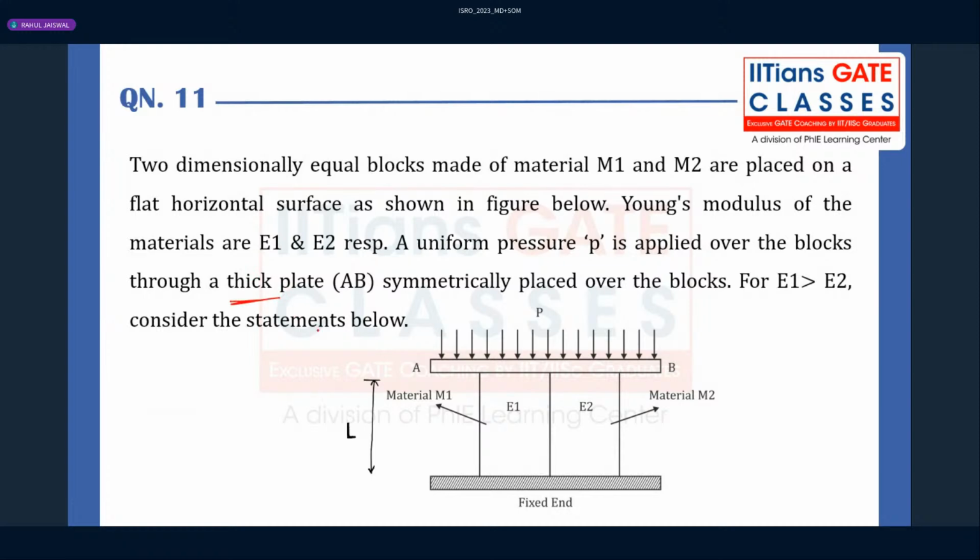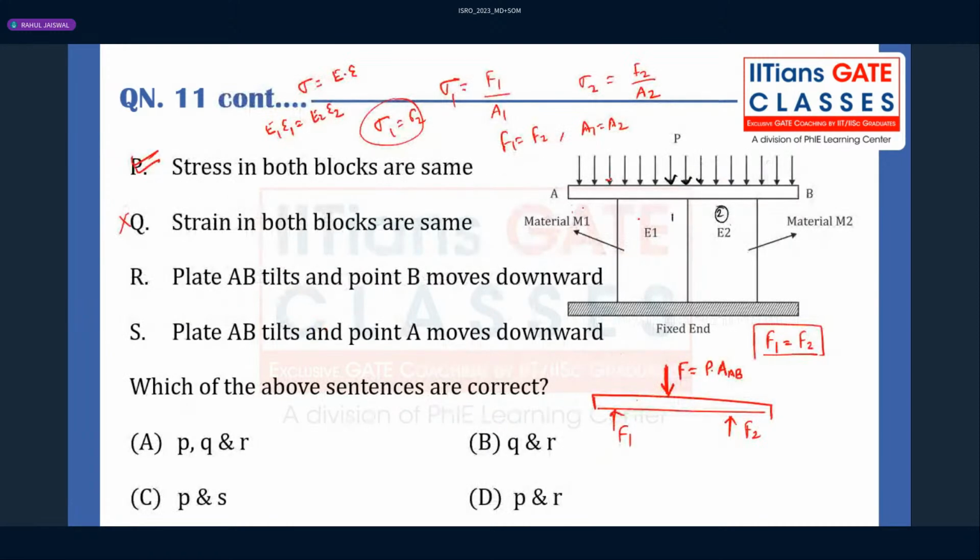We are not assuming any kind of deformations here, so it may be deflected like this. So point B will be moving towards the downside. So R and P both are correct, so that option will be correct.